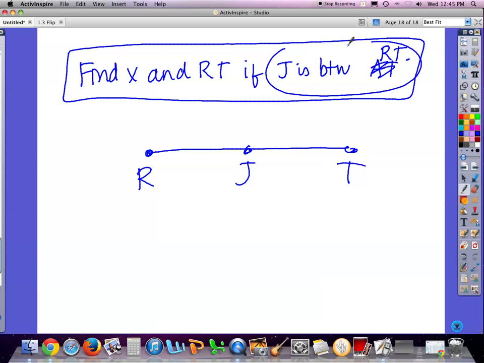And of course, somewhere in here will tell you that RJ is 2x plus 3, JT is 4x plus 5, and the whole distance is, well, it wouldn't make sense in this question if I tell you a number, but then it would say like 5x minus 3, something like that. So if you're faced with this, the first thing when you see this, draw the picture.